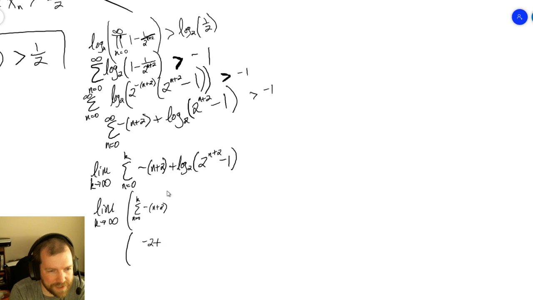Plus, the last one is when n equals k. So this is going to be negative parentheses, k plus 2, all times k plus 1, all divided by 2.